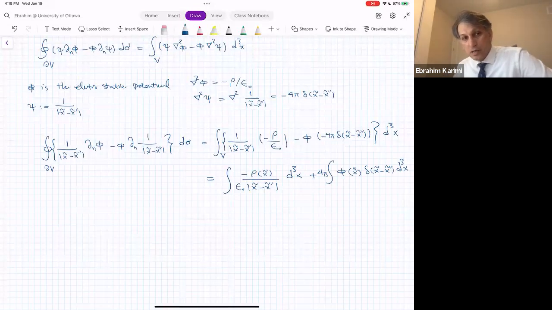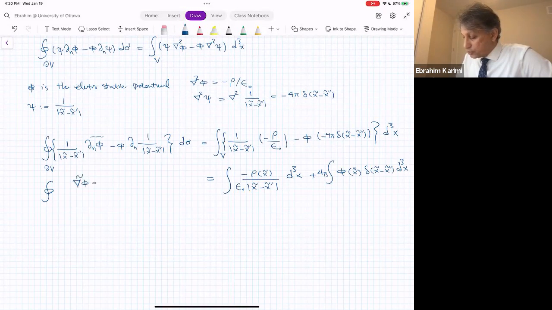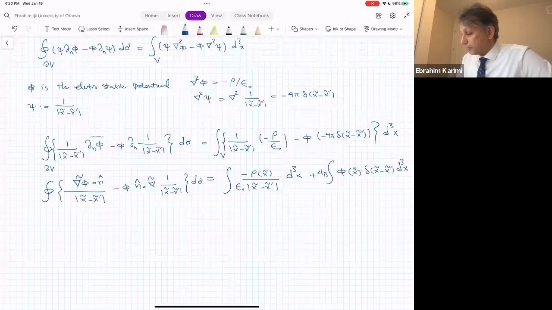good. From the other side, what I have is integral of, whenever we have a derivative in a direction of n, that can be replaced by gradient of phi dot n, over |x minus x prime|, minus phi, that will be n dot, what is going on with the gradient of 1 divided by |x minus x prime|, d sigma.